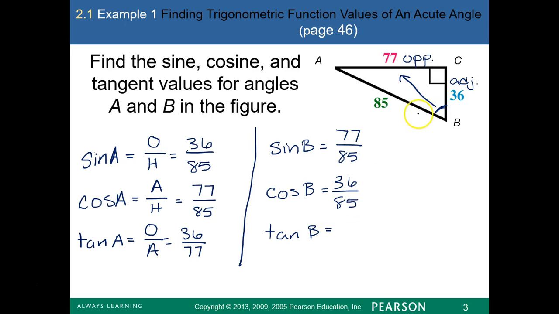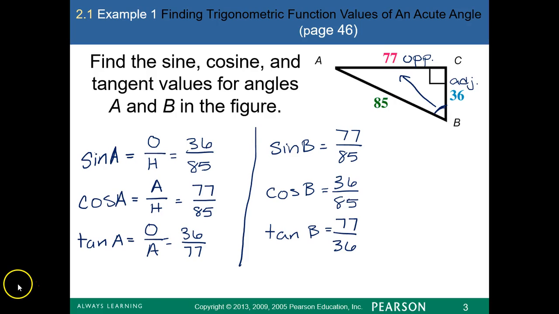And then tangent of B is opposite over adjacent, so 77 over 36. And that's how we find our sine, cosine, tangent values of two different acute angles in our right triangle.